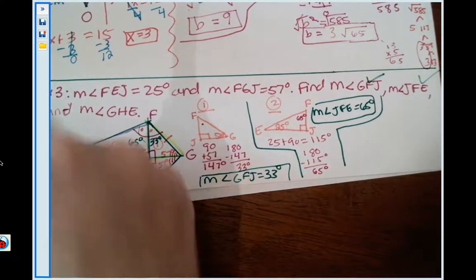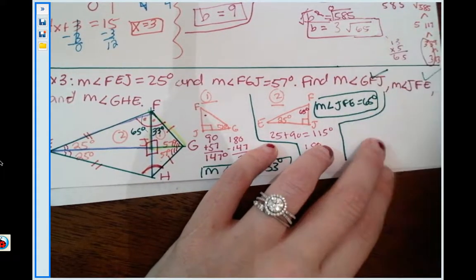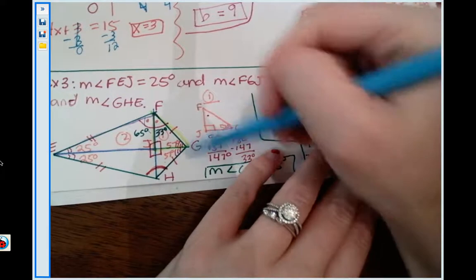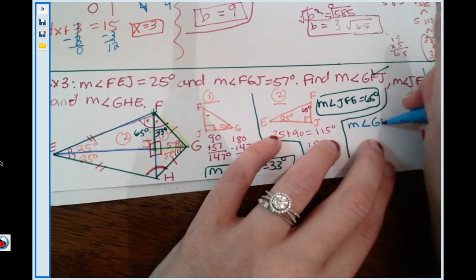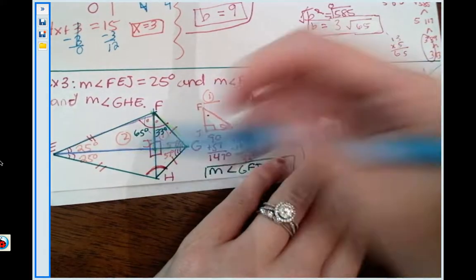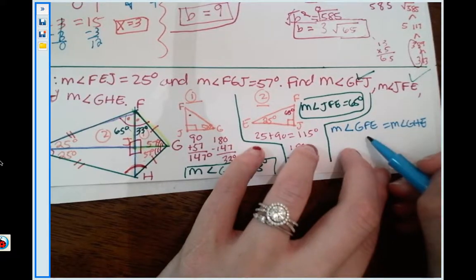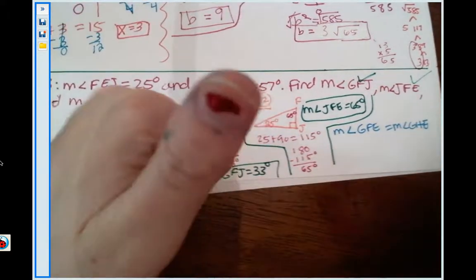So I'm going to do this in blue to change up my color. The measure of angle GFE will equal the measure of angle JHE, which is what we're looking for. So if I can find the measure of angle GFE, I'm golden. We are golden.